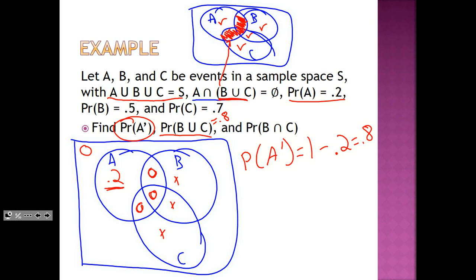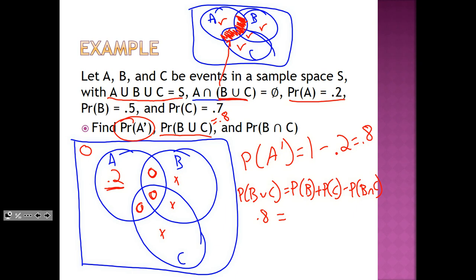And then if I want B intersect C, now I can use my formula. B union C is going to be B plus C minus their intersection. I have all that information now. B union C, we just figured out, was 0.8.